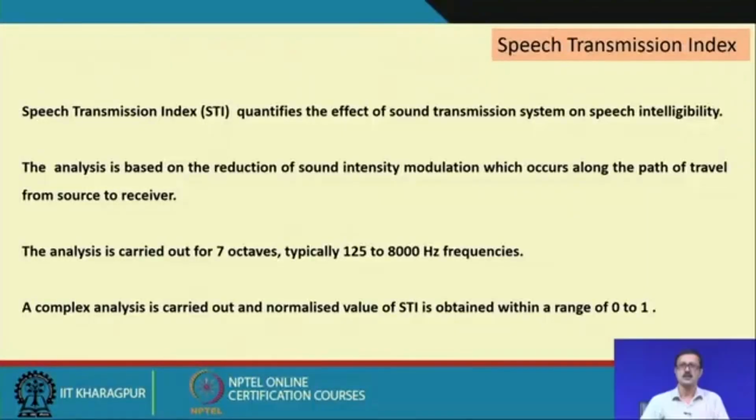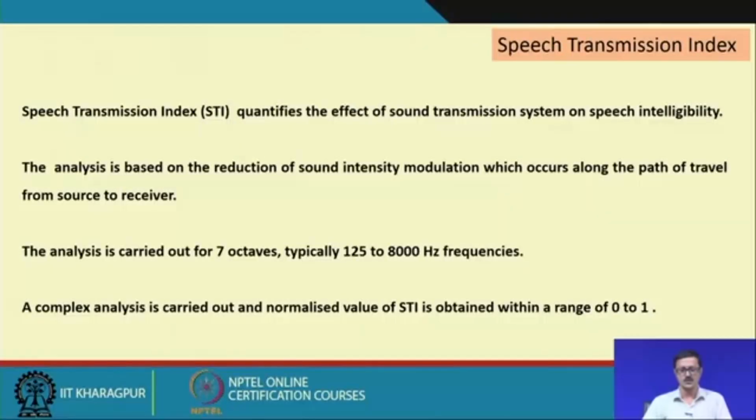During this travel, the sound may decay, and due to this decay, the speech from the source to the listener is weakened, and there is a modulation of that speech when a listener hears it. For this analysis, it covers 7 octaves, 125 to 8000 hertz, it is carried out in a very complex scenario, and it is given a range within 0 to 1.